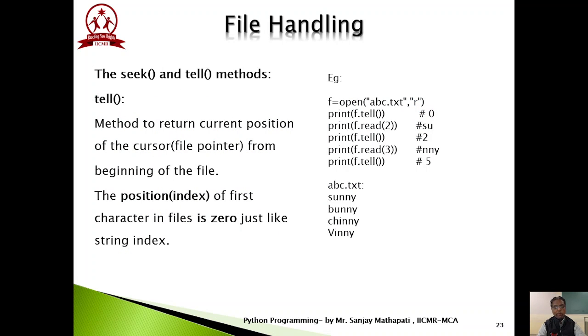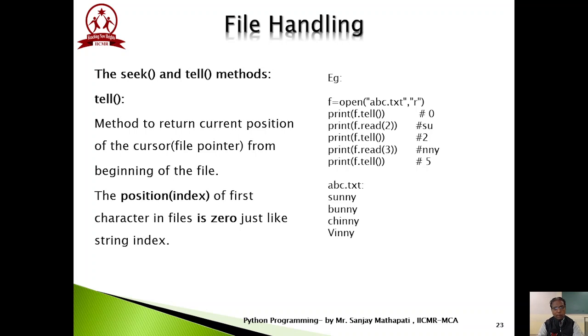Usually we know that whenever we open a file, by default the file pointer is always positioned at the beginning of the file. Here, two methods provide us the facility with which we can navigate and move the file pointer throughout the file to any position.